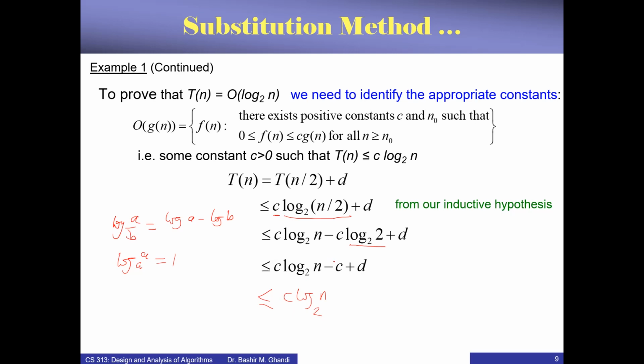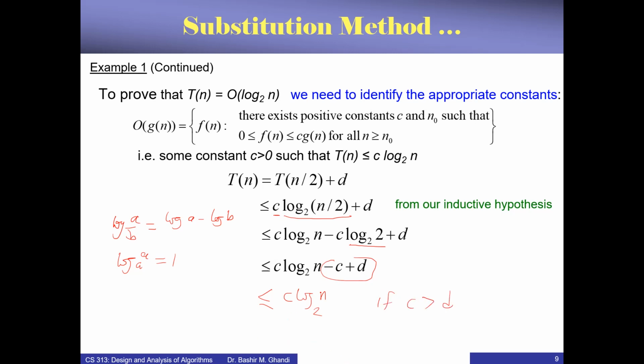It will only be true if this c that we are subtracting is much bigger than d, because then we are subtracting more than we are adding, and therefore the result will be smaller. That is, this term without the subtraction of c and the addition of d will be greater or equal to that. If what? If c is greater than d.